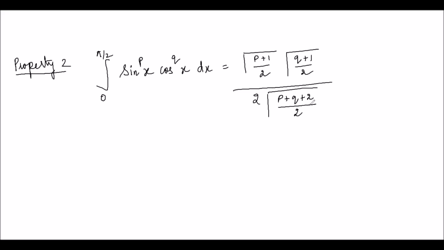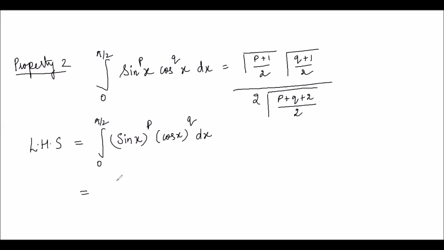How can we prove this property? The proof is very much similar to the previous one. If I consider the left-hand side, this integral from 0 to pi by 2, sine x raised to power p, cos x raised to power q dx.